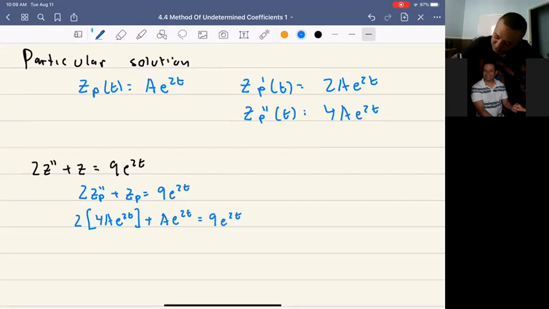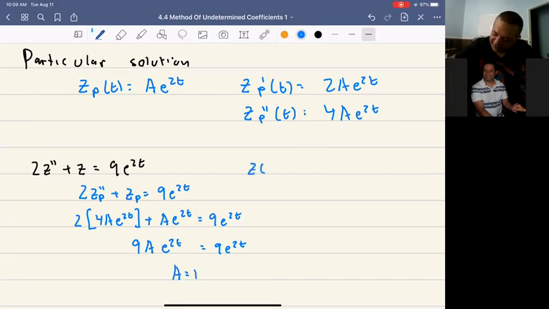Sorry, this one, like I said, was particularly easy. 9a e to the 2t should equal 9e to the 2t. So a equals 1.